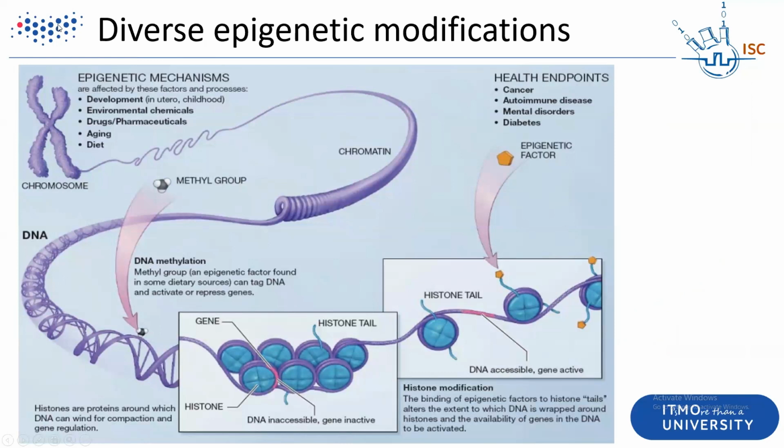So here is the packaging mechanism in more detail and what kind of proteins you have. These are the diverse epigenetic modifications. The epigenetic mechanism can be affected by different factors like development in utero, in childhood, or different environmental chemicals, drugs, and pharmaceuticals.